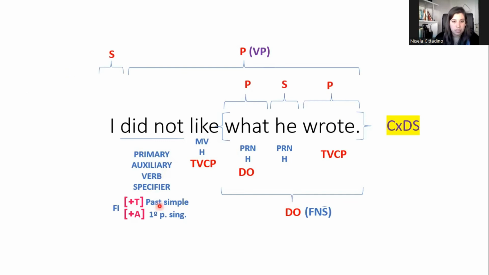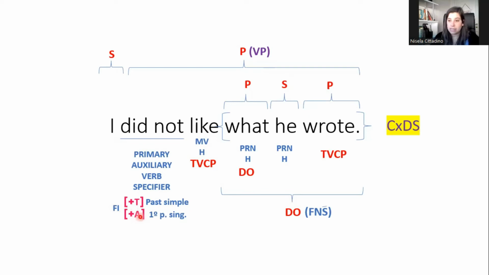This stands for finite. Finite because did not shows tense, past simple, and agreement, first person singular. In this case, because we have the first person here, we mark it anyway, even if in the past we only have one form of combining the auxiliary verb. Because this verb is finite, okay.